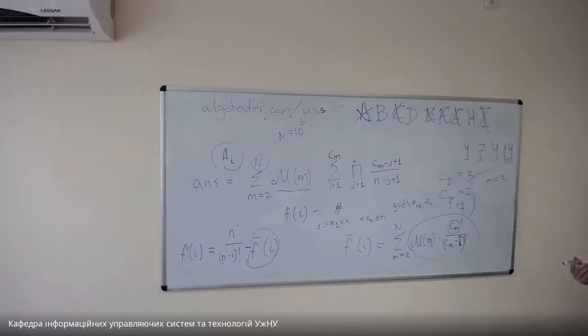How many such sets are there? Because, for example, if m is equal to 2 and i is equal to 2, we can choose either 4 and 4, 4 and 14, or the other 4 and 14. Like the number of ways of choosing some i elements out of C of m elements.